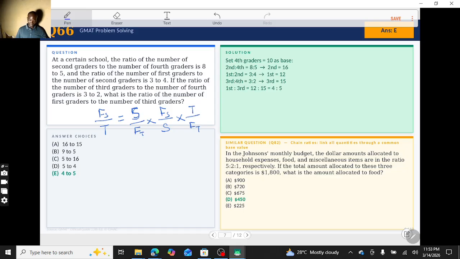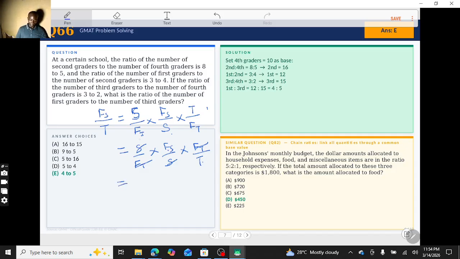If you are looking at this now, S will cancel S. So we need to turn this upside down so that F and T will cancel and we are left with F over T. So we are turning this to become S over fourth times first over second times. So we have turned this upside down. See what we have achieved. This will cancel this. This will cancel this, and we are left with first to third, which is what we are looking for.